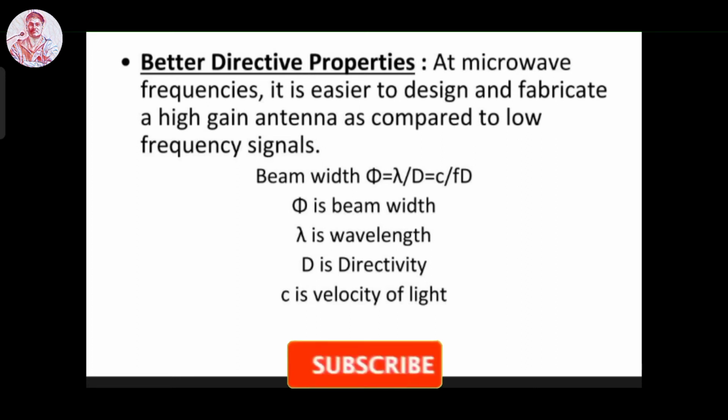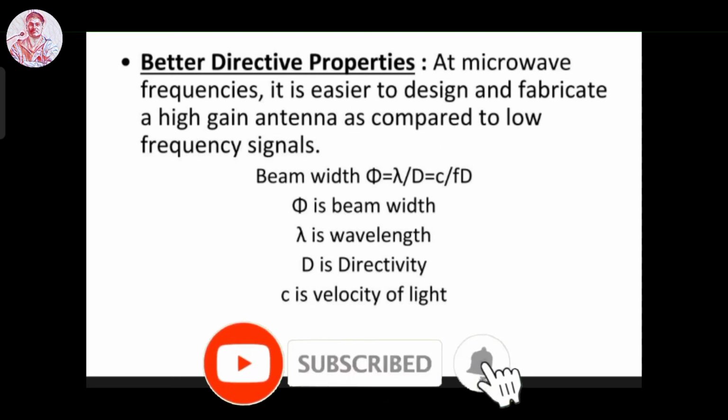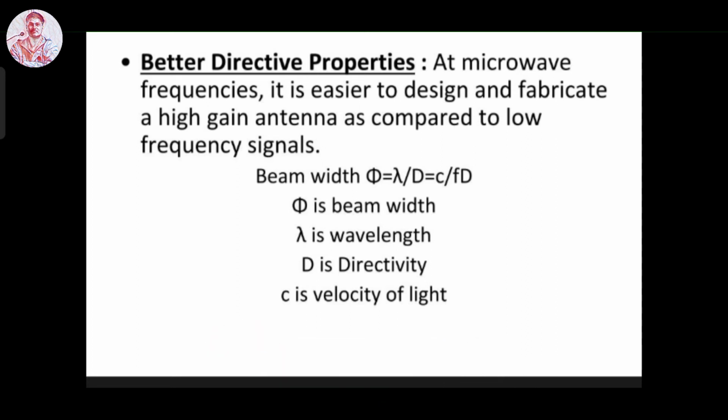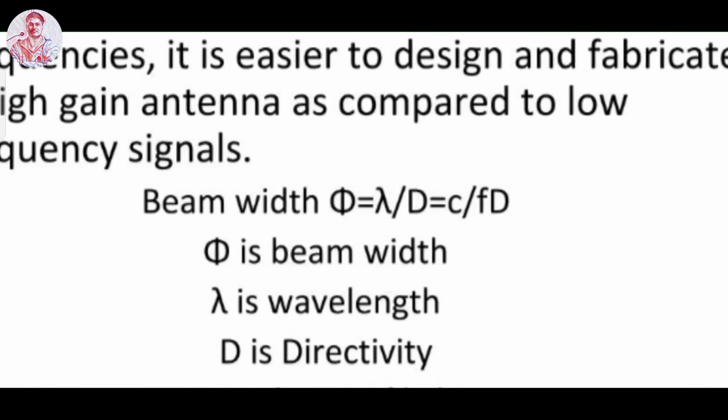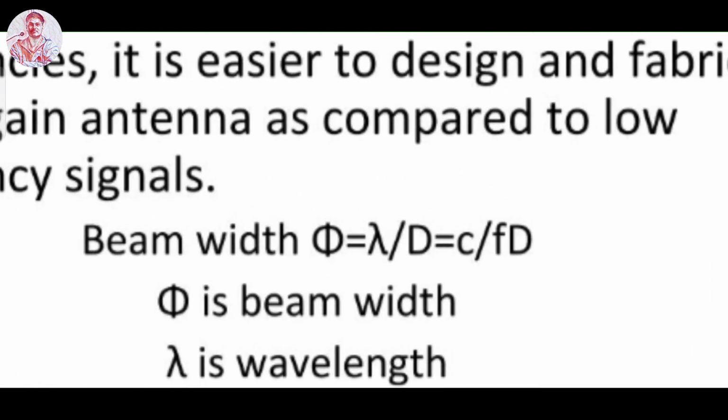The beam width, given by phi, is equal to lambda over d, which is equal to c over f times d, where phi is the beam width, lambda is wavelength, d is the directivity, and c is the velocity of light. As you see from this equation, as the frequency increases, directivity also increases, but the beam width gets reduced.